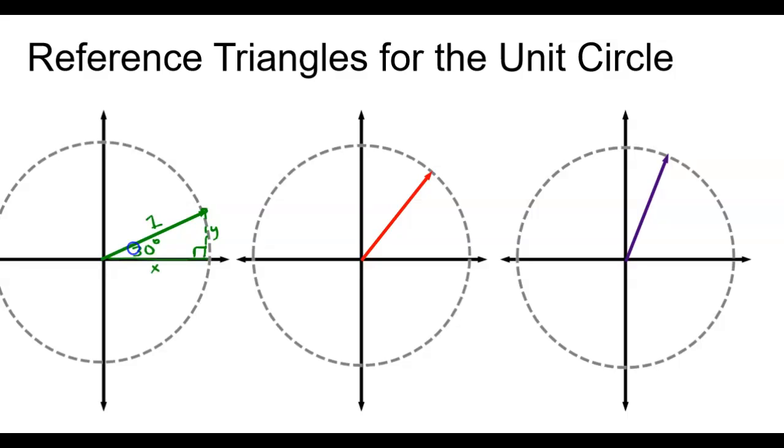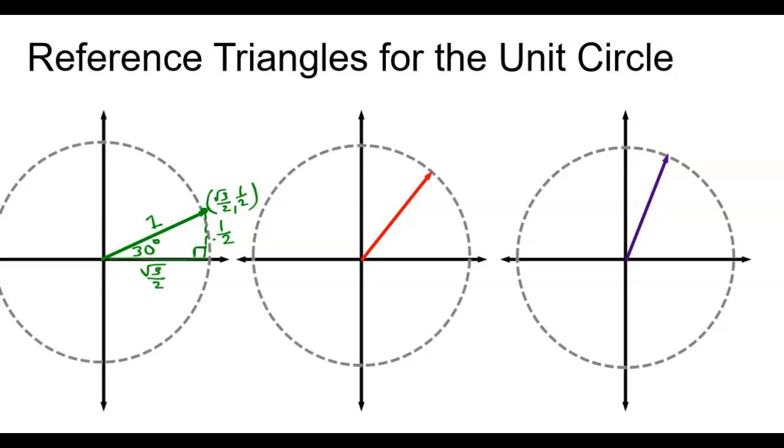So what we know then is that this y-coordinate is going to be 1/2. So let me replace this with 1/2. And then if you recall, the side across from the 60-degree angle is the square root of 3 multiplied by the shortest side. So in this case, instead of writing the square root of 3 times 1/2, we're going to write it as the square root of 3 over 2. So that's going to be the x-coordinate.